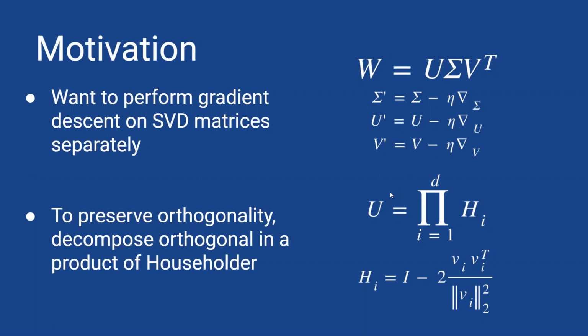The idea is to perform gradient descent on SVD matrices, but there is a problem: how to preserve orthogonality of matrices U and V while making a gradient descent step. A popular approach here is to decompose orthogonal matrices into a product of Householder matrices and perform gradient descent on the corresponding Householder vectors instead.